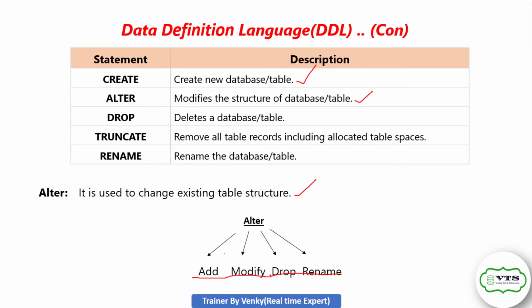By using drop and rename, we can change the structure of the object also. How these work, we will see practically when I explain drop and rename. In this video we will just learn about the alter command along with these keywords: add, modify, drop, rename.